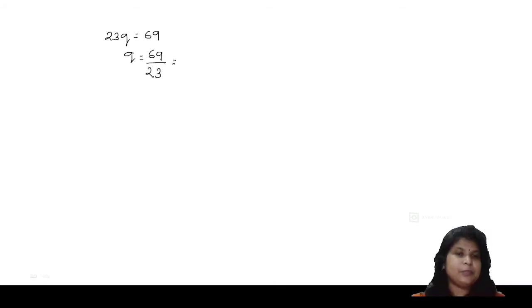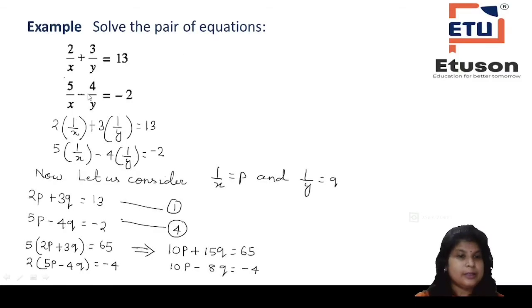So, can I write it here? We have got 23q is equal to 69. What about q then? q is equal to 69 divided by 23, that is equal to how much? 3. So, what will be your p value then? So, let us take any of the equations.